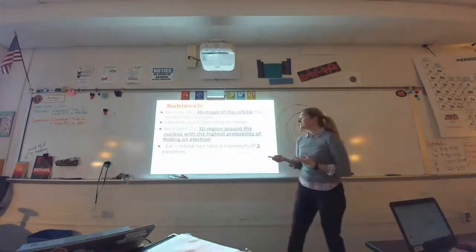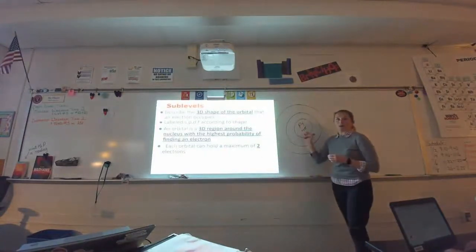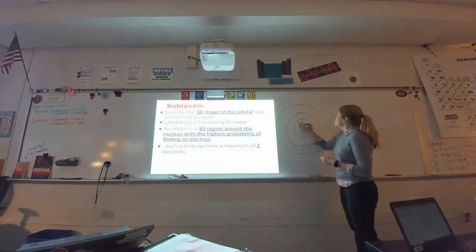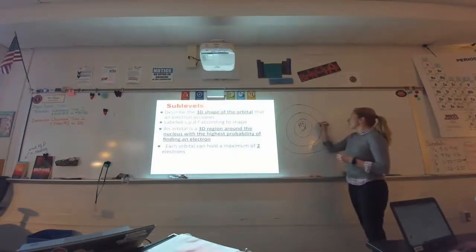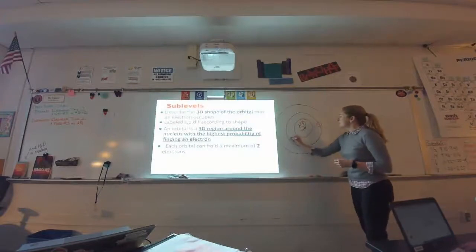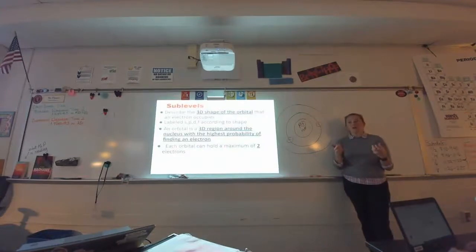The other thing that we have to keep in mind is electrons, while trying to be close to that positive nucleus, are trying to avoid each other, right? They are all negative, so they don't want to be near each other. Just like magnets, right?